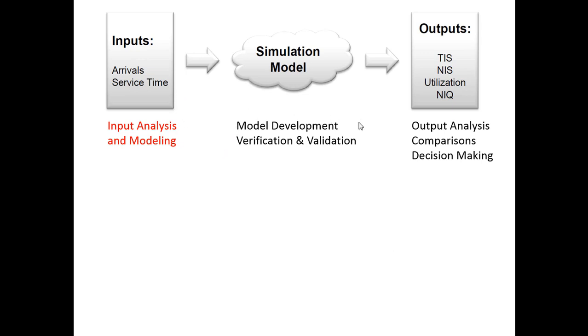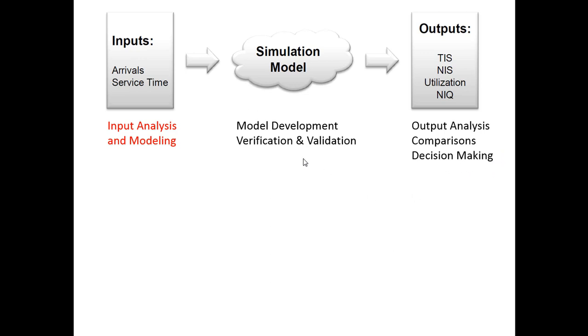We have model development and verification and validation analysis, where we try to make sure that our model corresponds to the actual system and it's correctly implemented. And finally, we run our experiments and we perform output analysis. We compare different alternatives, and finally we make a decision.